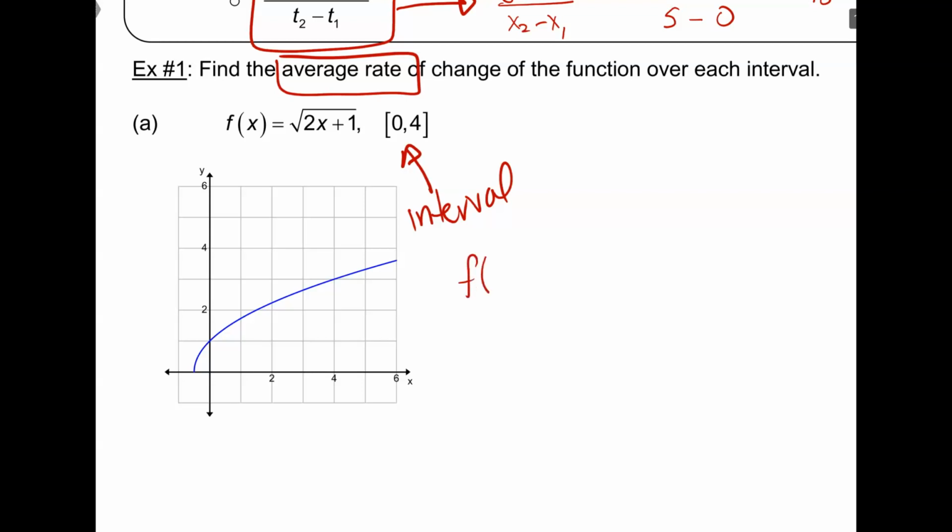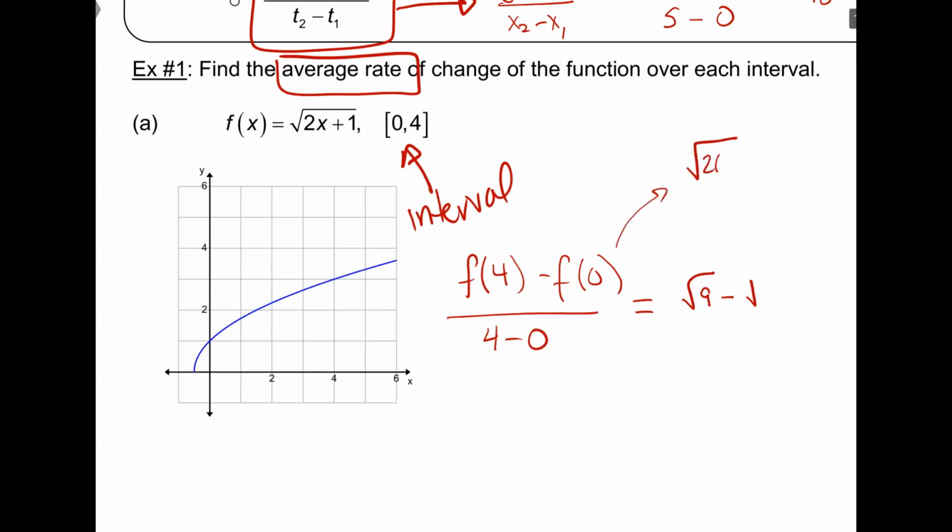So I want f of 4 minus f of 0 over 4 minus 0. So if I plug in, 4 times 2 is 8 plus 1 is 9, so square root of 9 minus... Okay, do you want me to plug in? I'll show you.